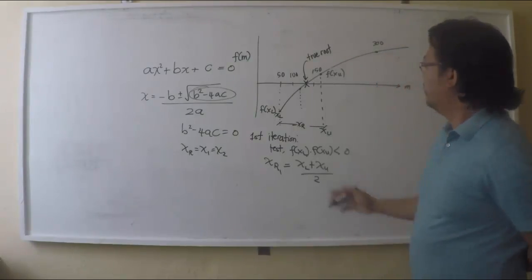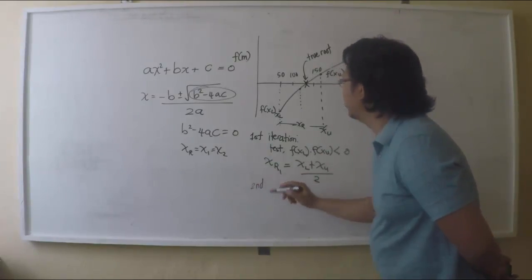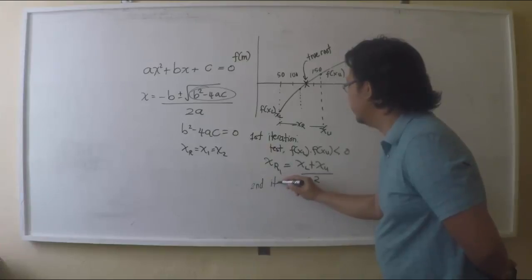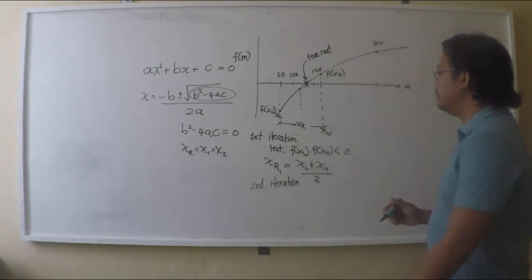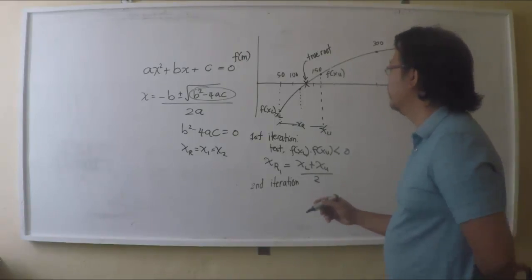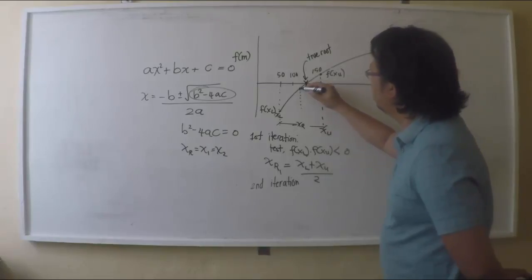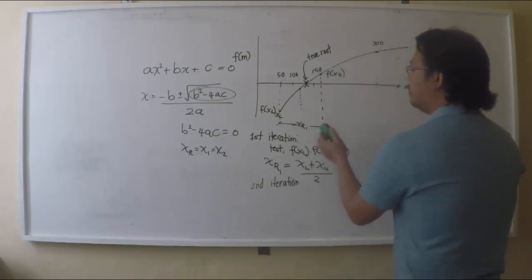Next, we will move to the second iteration. From here, you will test. You will see this f of xr here, actually f of xr1. I want to write something here.